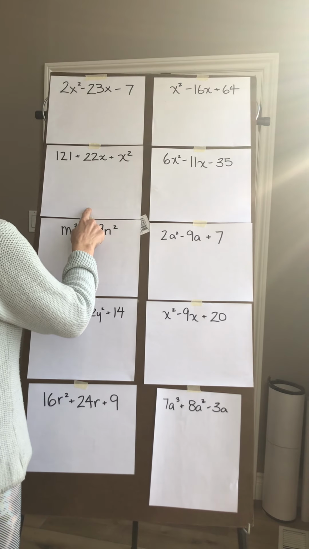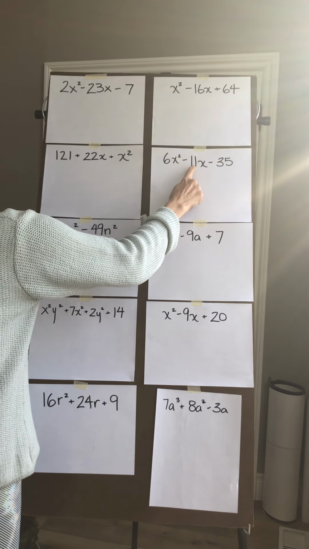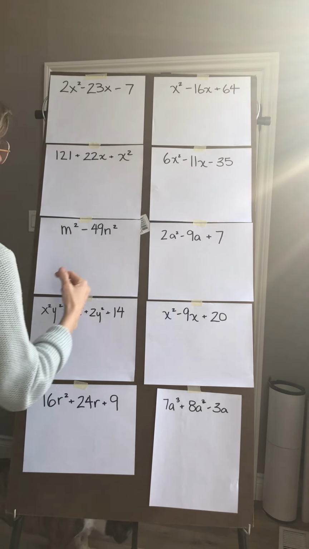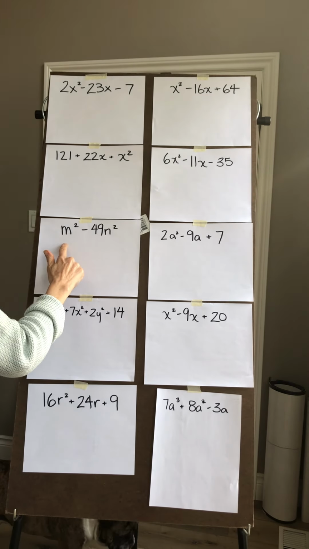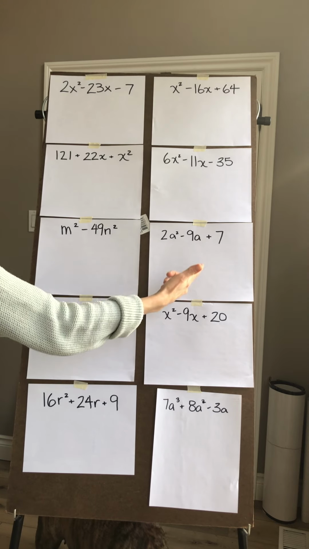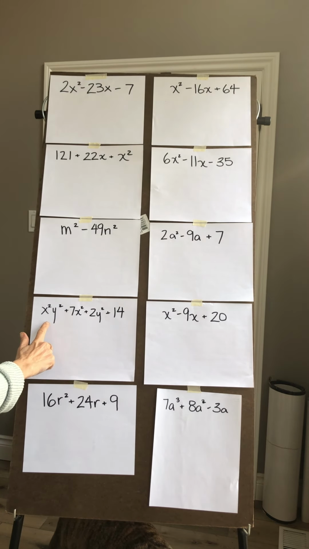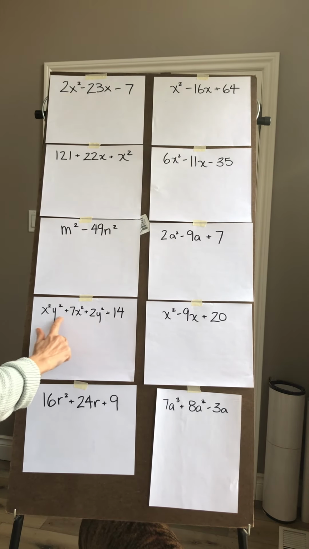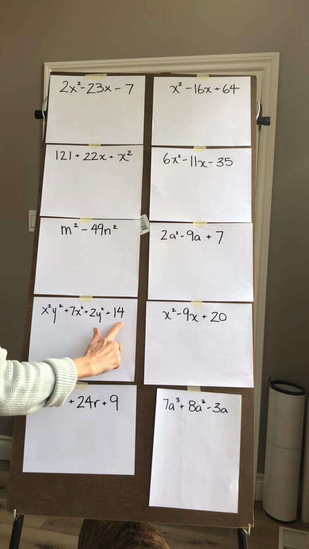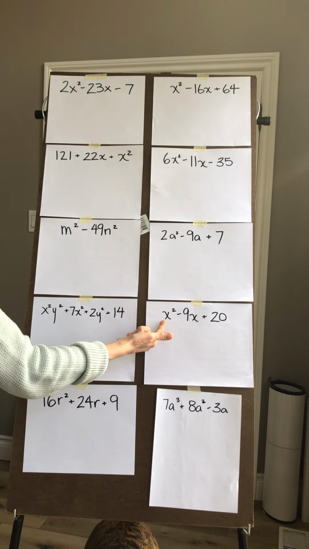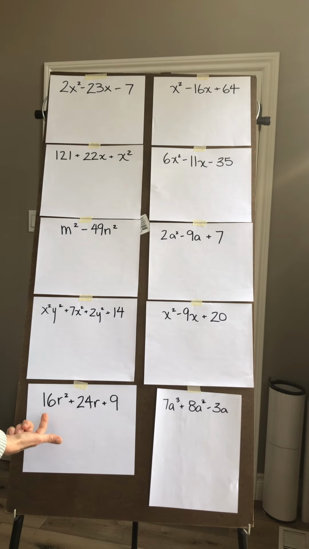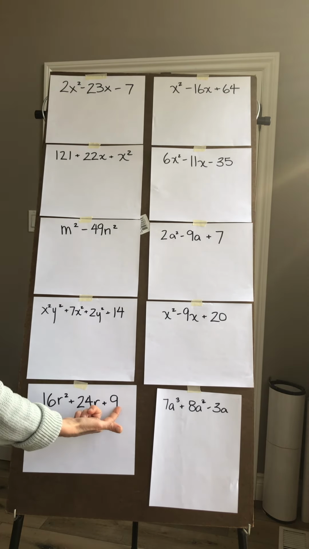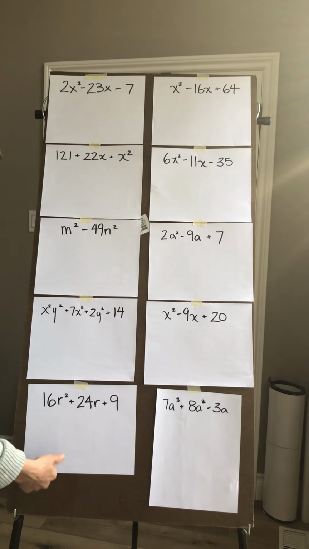No common factor here. 6, 11, no x on the last one. No. M and N. 2, 9, 7, definitely not. This one, no, this hasn't got any numbers, and this doesn't have any letters, so there's nothing common there. No numbers, no letters. No letter, and there's nothing common.